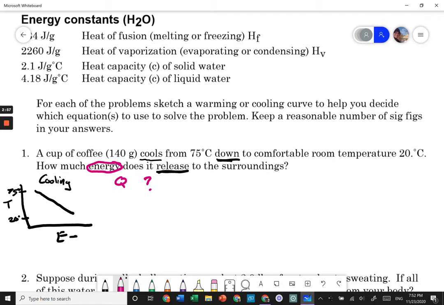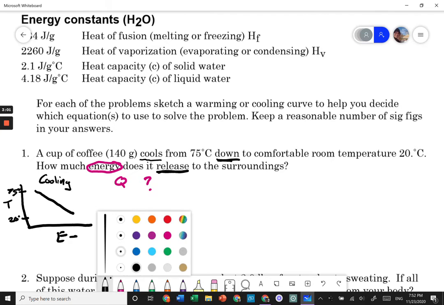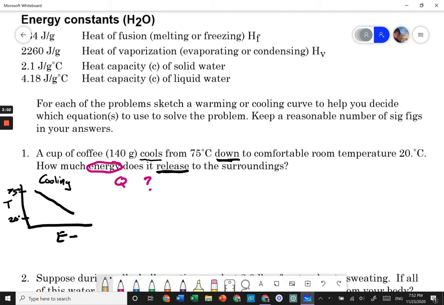Next thing we had in our table of variables was our mass. Our mass we had with the letter M, and that had the unit of grams. So a cup of coffee at 140 grams. I'm going to write that down, 140 grams. Let's see, what else do we know? Well, next thing up on our table was going to be that change in temperature, how our temperature was changing from where we started off to where we ended up.